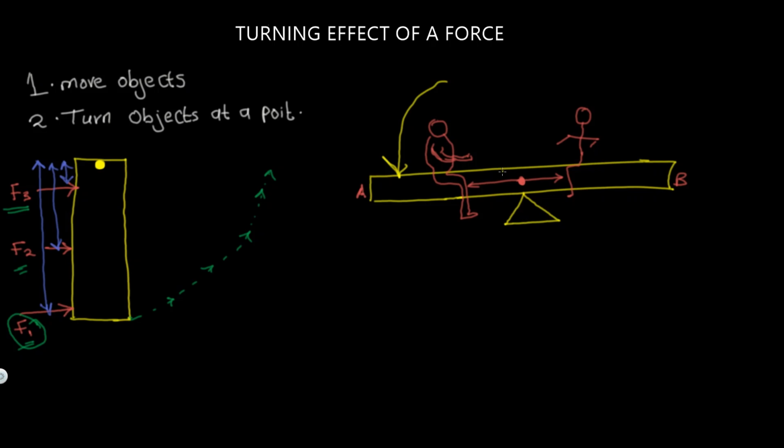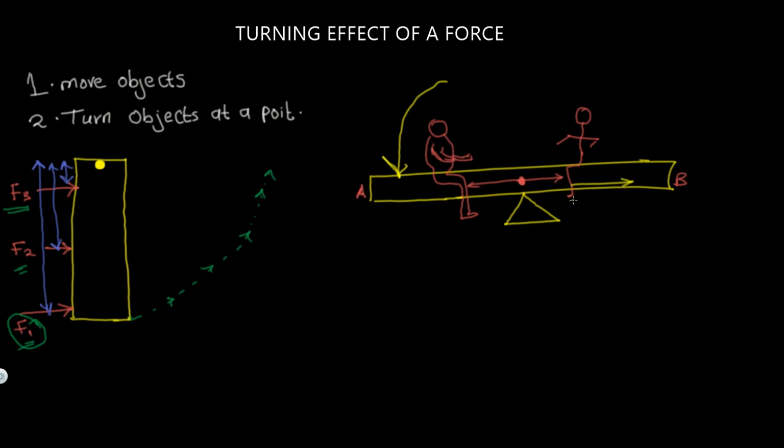So what should happen in this case? These people have 2 options: either this guy should move in this direction, or this guy should move in this direction. Let us consider the scenario where this guy moves in this direction.